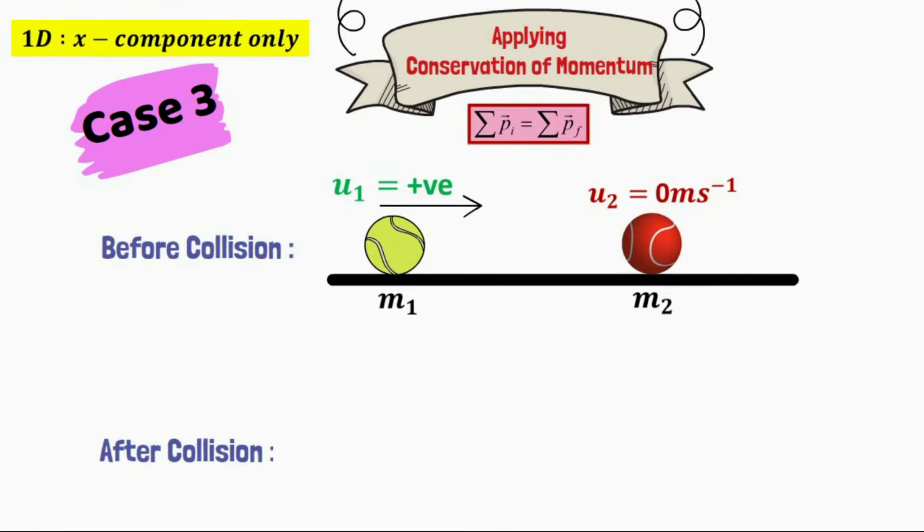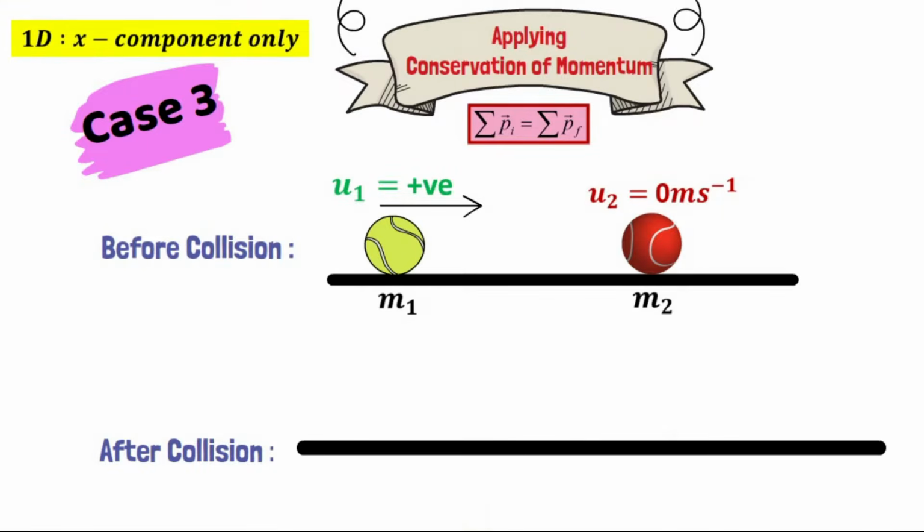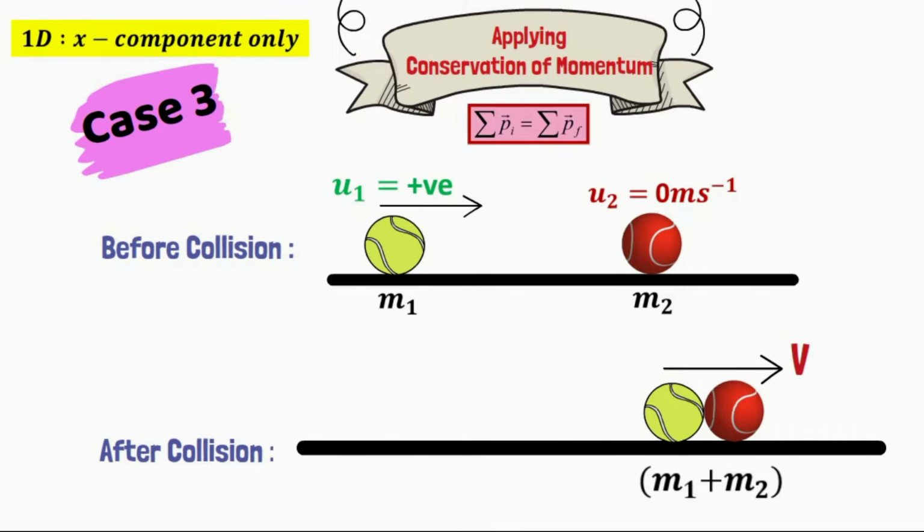U2 is equal to 0 meter per second. Okay, and after collision, you can see here, M1 and M2 are stick together and they are moving to the right. So the mass of M1 must be combined with the mass of M2.